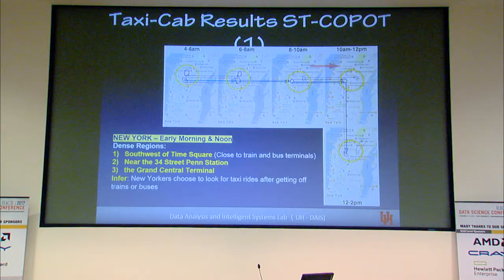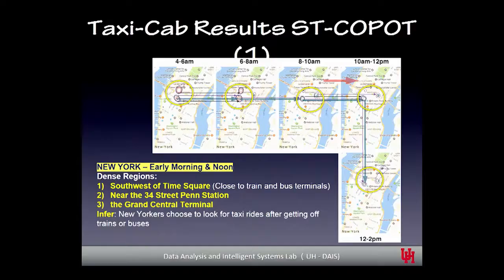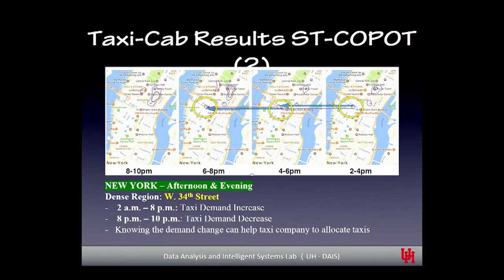So we infer that for New Yorkers, after they get off the train or bus, because these 3 dense regions are all near bus stations and train stations, they choose to use the taxi cabs.